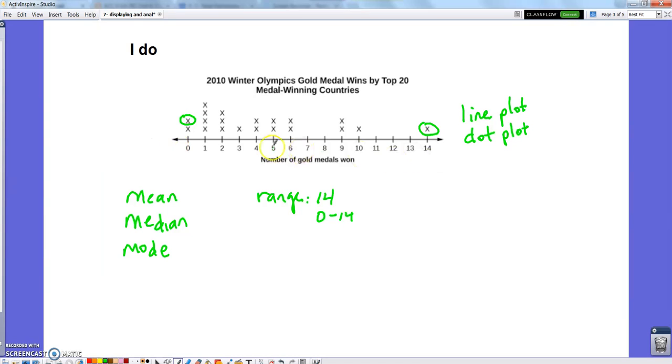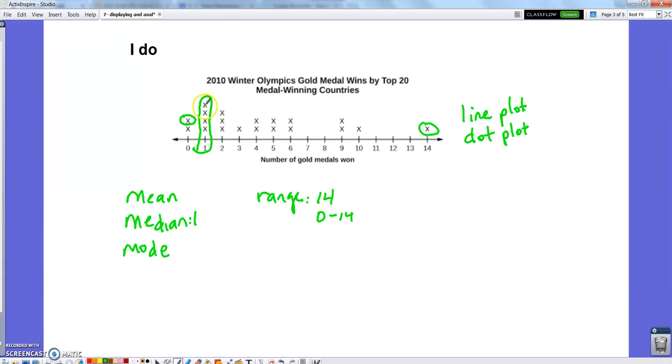You can do that super easy because the data is already in order. This is going to be the lowest, this is going to be the highest. So the range is super easy to find from a line plot. The mode is also super easy to find in the line plot because you've just got to see which one has the tallest sort of stack right here. So the median number of gold medals in the top 20 was 1.